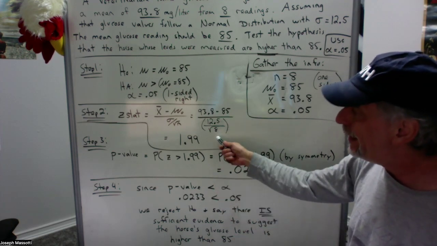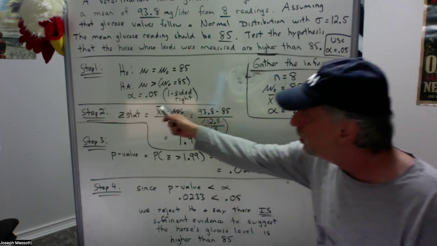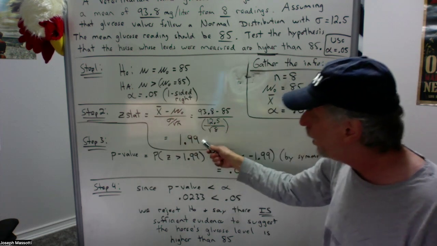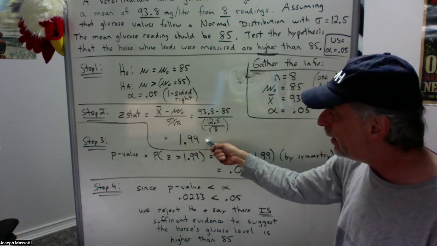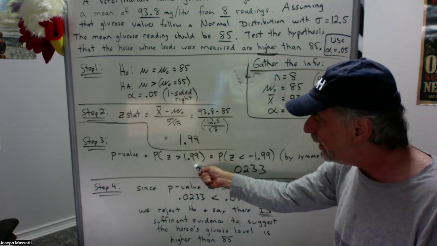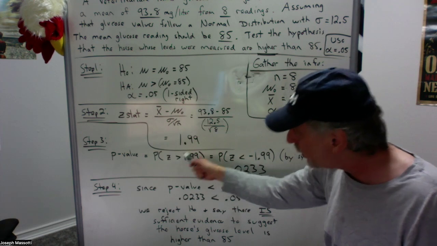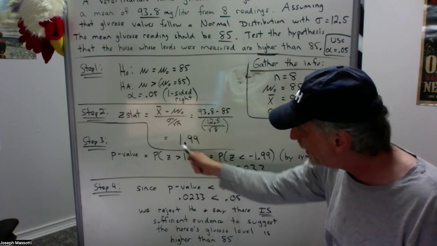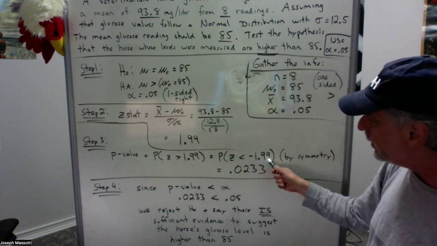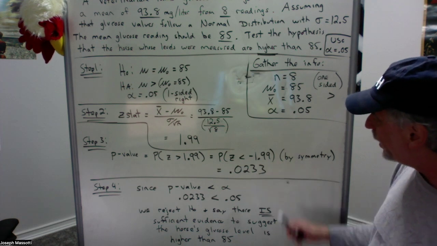We calculate the z-test statistic using this formula. We come up with that z-test statistic. We find the probability that, in this case, to the right, that our z-value is greater than that z-test statistic. We look that value up in the table. We get a number.